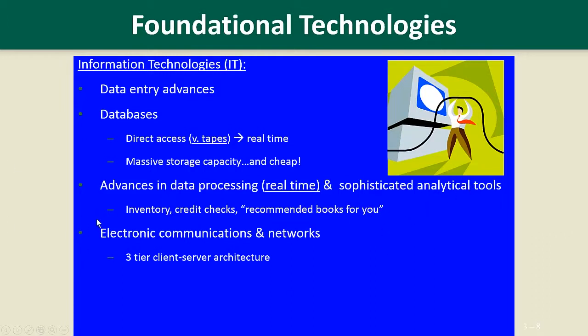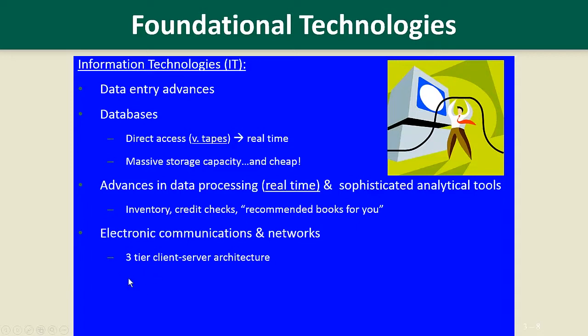And of course, what makes all of this happen is communication. The internet, some kind of communication network. Computers communicating to computers. Online computer systems. Generally referred to as three-tier client-server architecture. The three tiers are the user software, your monitor and keyboard.